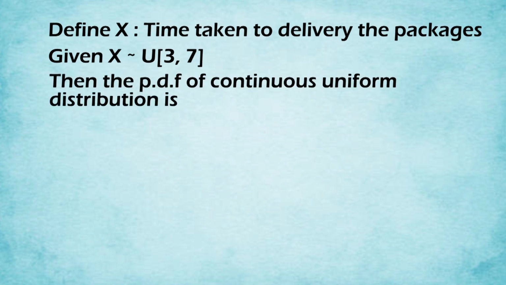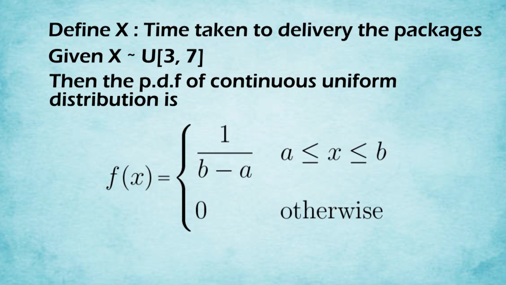Now consider the PDF of continuous uniform distribution, which is f of x is equal to 1 by b minus a in the interval a less than or equal to x less than or equal to b, 0 otherwise.